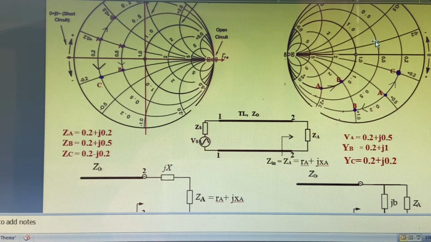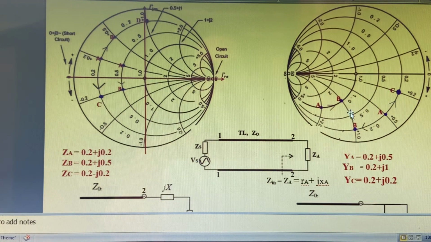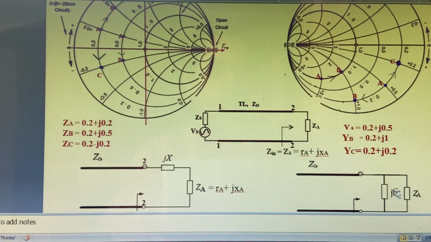Susceptance changes means it is nothing but adding a shunt element along with ZA. So we can find the value of susceptance added, if you know the susceptance of the existing point and the final point. For example, this is the initial point A, and this is the point where we moved from A to B in the clockwise direction.